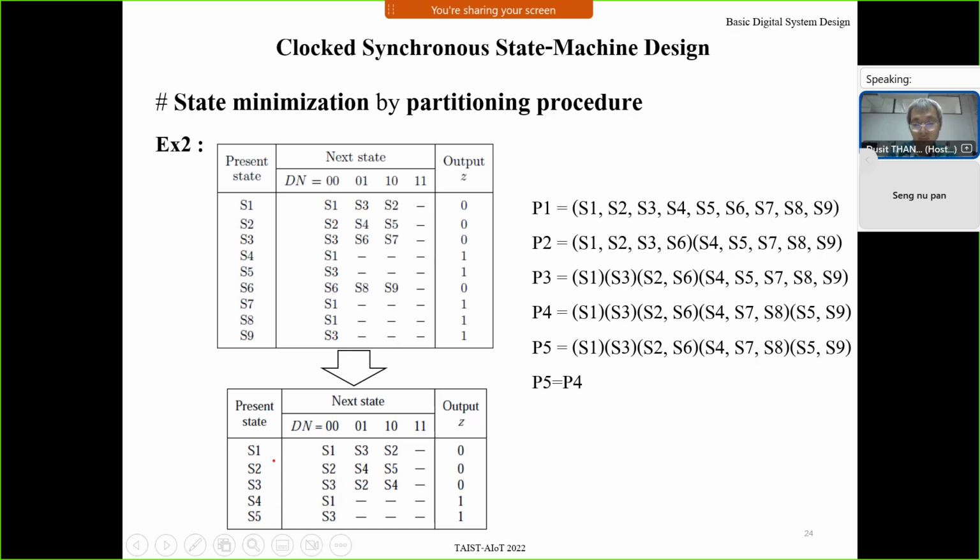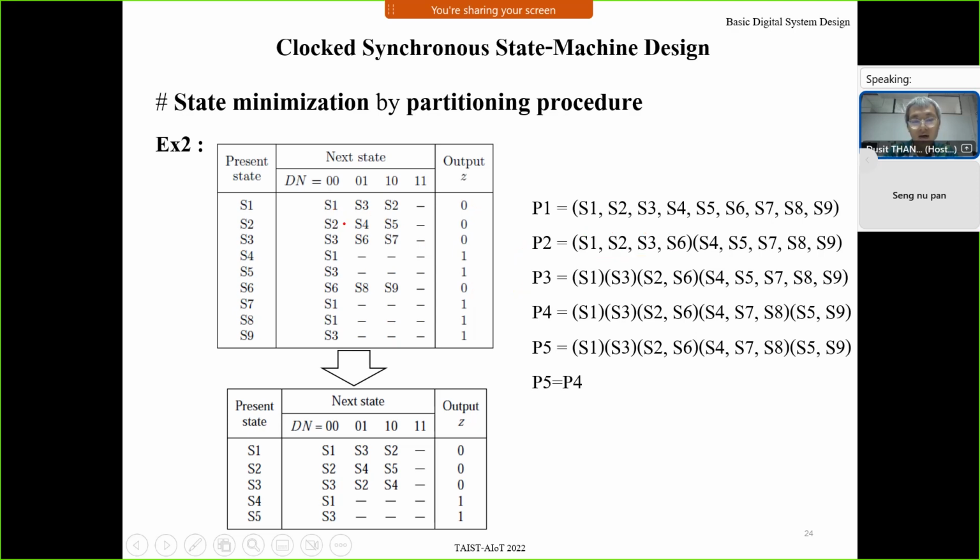So can you repeat again from P2 to P3 state? 2 to 3. Yes. I just consider this group, right? Now it's 1, 2, 3, 6, right? It is the same output, right? So I just consider the next state.